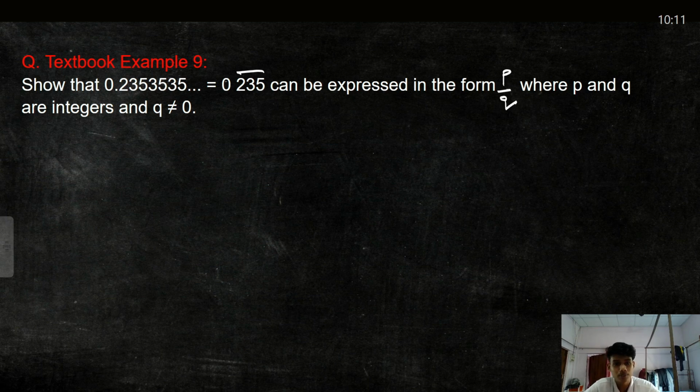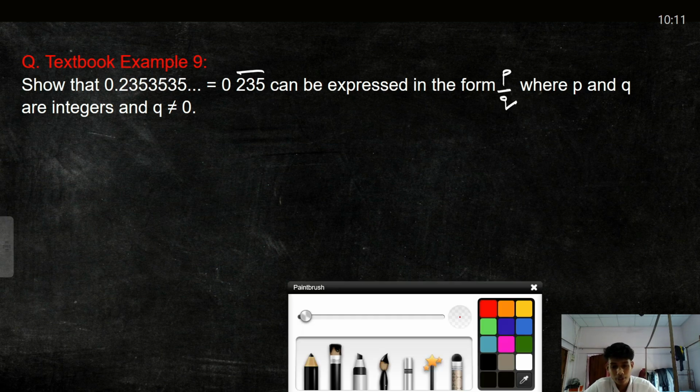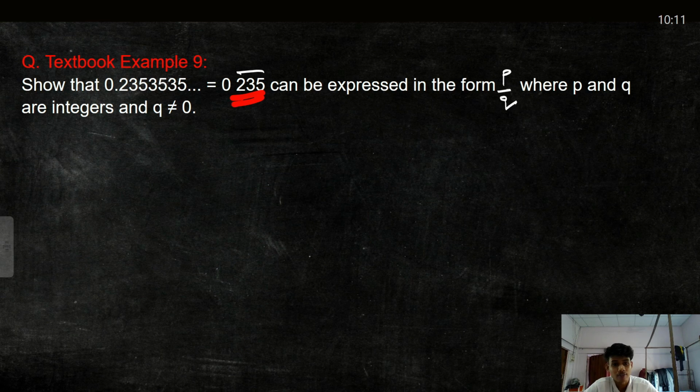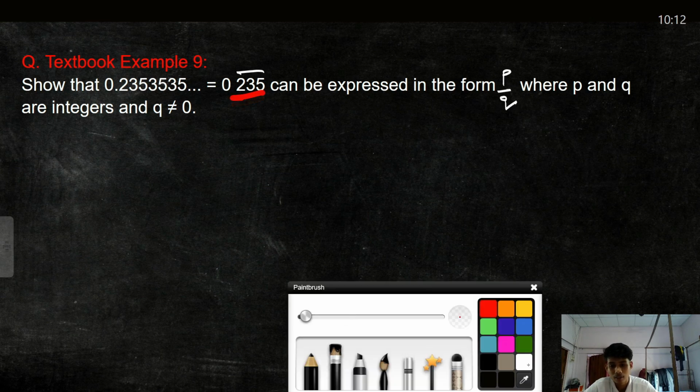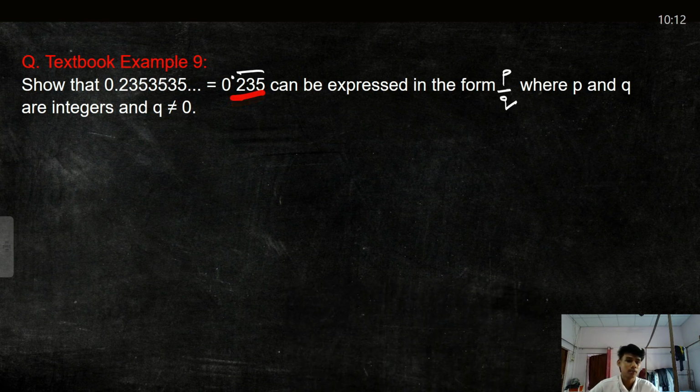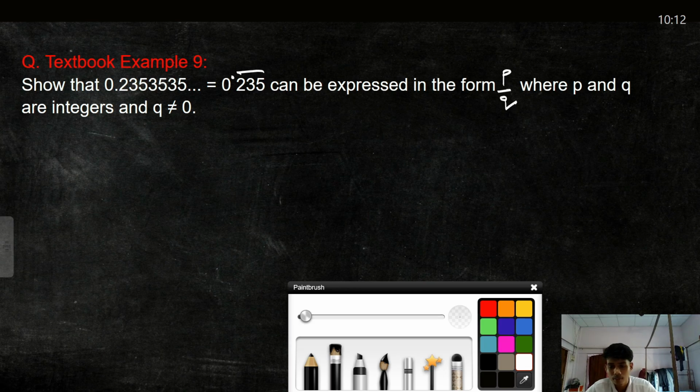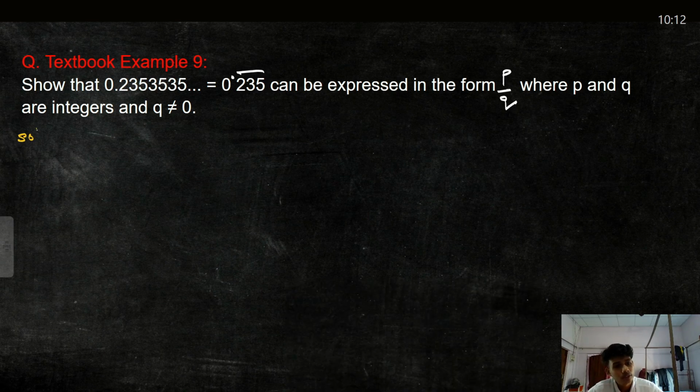Okay, now comes another example in which we have 3 digits repeating themselves after the decimal. Solution. Again, just like the previous, we will take let x equal to 0.235 bar.